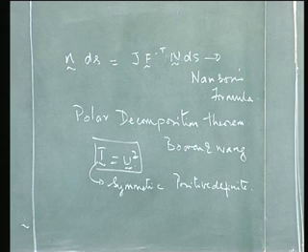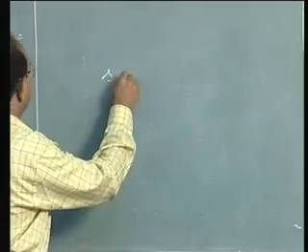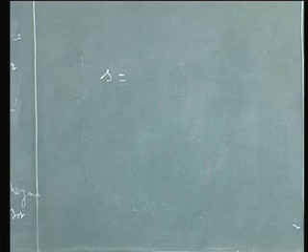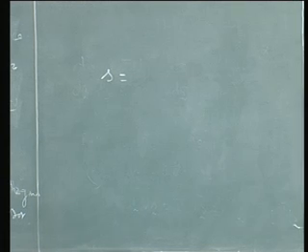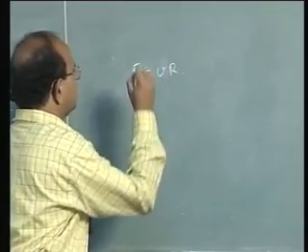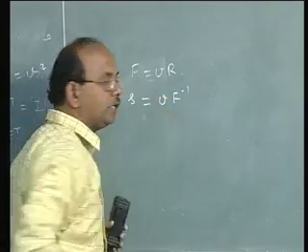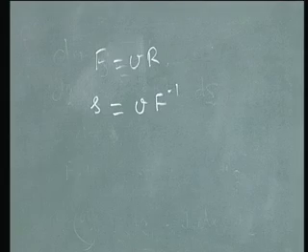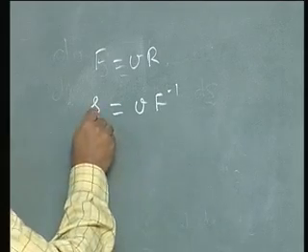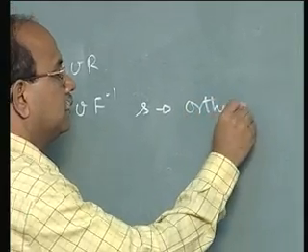Let's see how we can prove the uniqueness. If you want, you can write down right away, let us say S to be equal to V F inverse, where we defined F is equal to VR. We can again show very easily that S is again an orthogonal tensor.